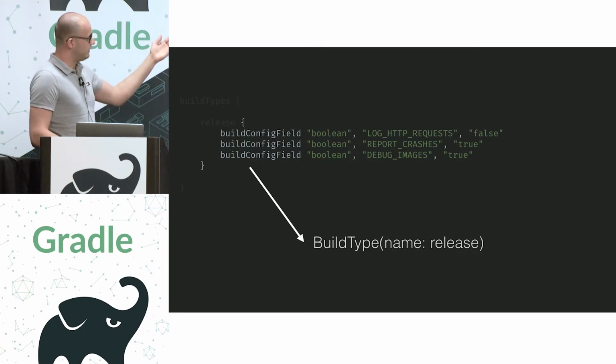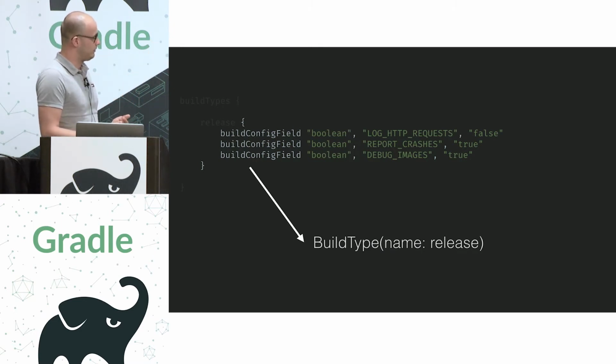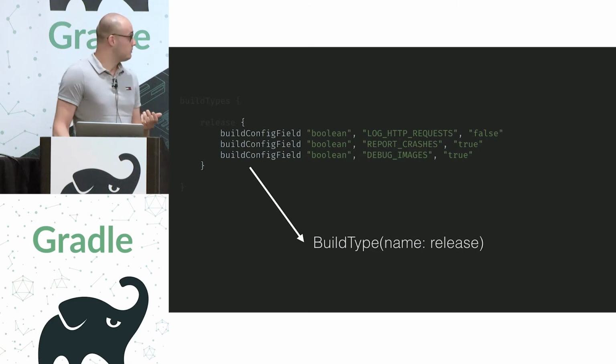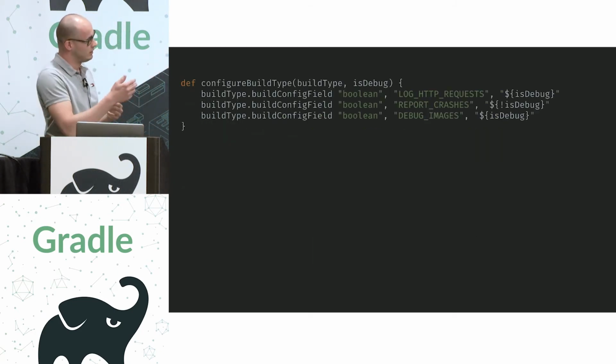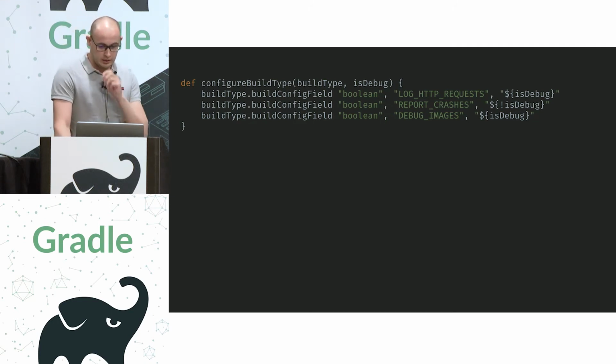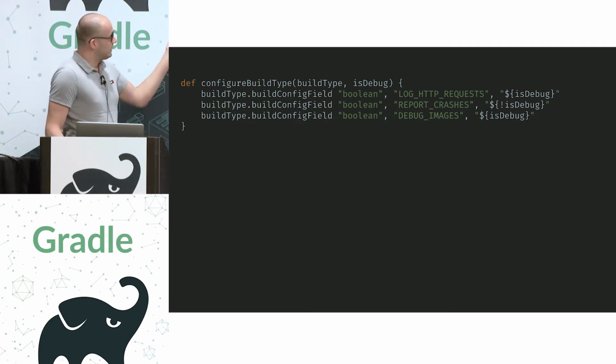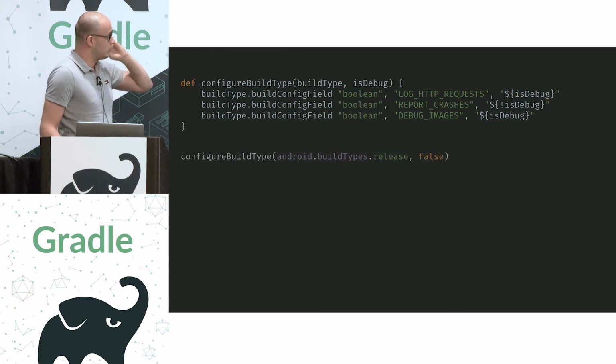So build config field is a method on a build type. What this means is that I should be able to write a method that will call the build config field on our build type and configure it for whatever we want. Is it debug, not debug, whatever. And if we have this method, then we can just call it.